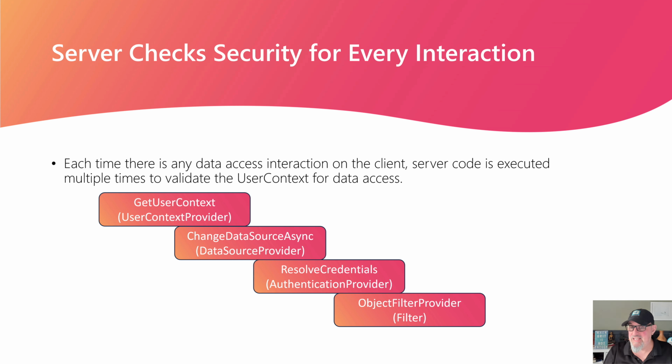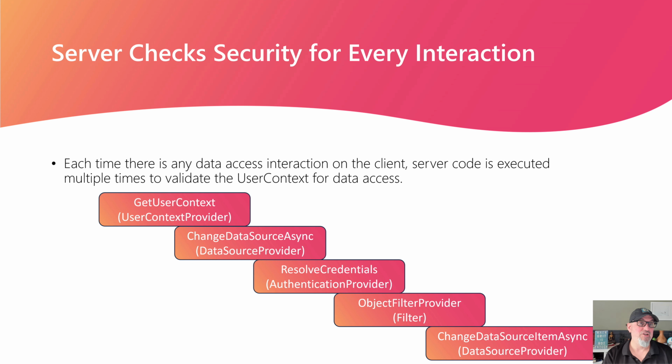If I'm using the object filter provider, how am I limiting or enabling data to display in the data source dialog that you can see on the client? So for example, on SQL Server, you've got tables, views, stored procedures. Do I want everyone to see everything? Or do I want, based on role, only certain people to see certain things? And then change data source item async is ultimately where queries are executed.